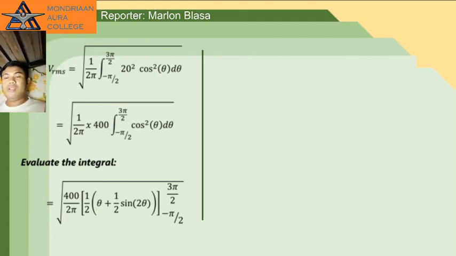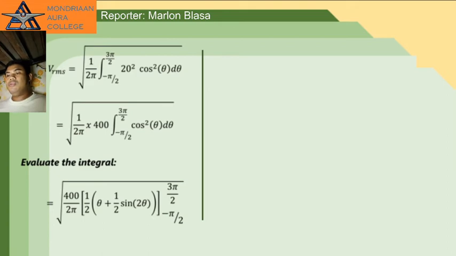So, magkakaroon tayo ng equation na the square root of 400 over 2 pi quantity 1/2 times theta plus 1/2 sine 2 theta. Huwag nating kalilimutan yung mga limits na negative pi over 2 to 3 pi over 2. So, evaluate natin yung limits.